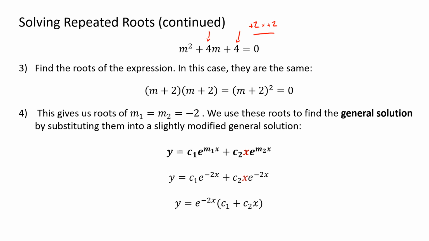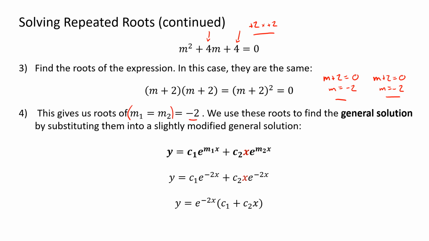Meaning that, remember when we looked at either m plus 2 equals 0, so m is negative 2, or the exact same thing, okay? M plus 2 is equal to 0, so m is negative 2. So the fact that they have the same roots, that means that our roots, which we call m1 and m2, are both negative 2.